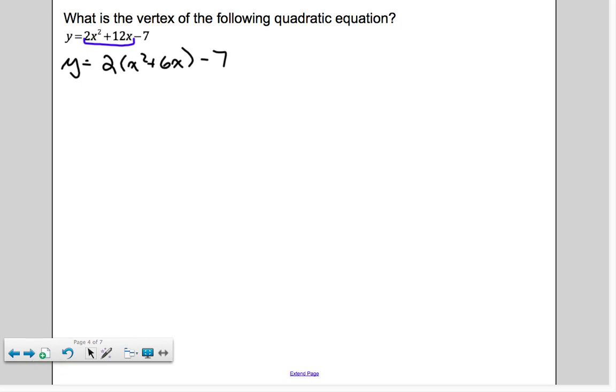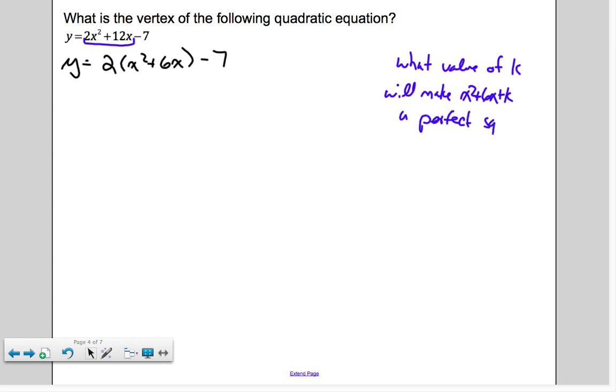So the question again is, what value of k will make x squared plus 6x plus k a perfect square trinomial?